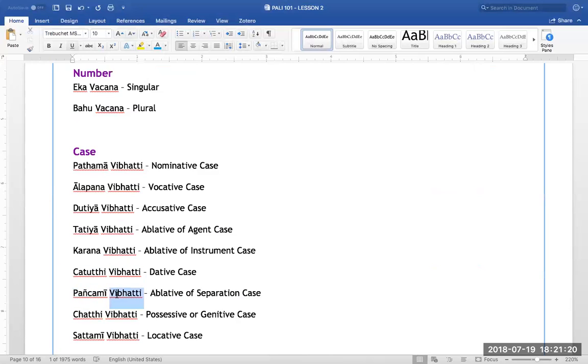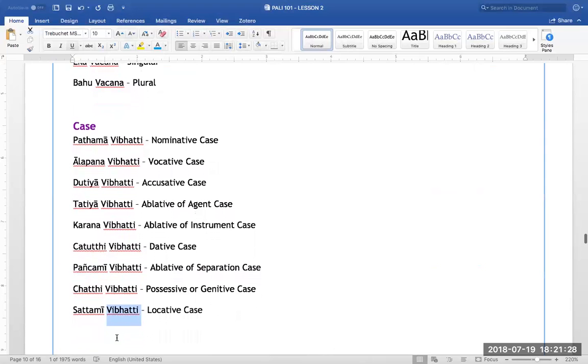Panchami Vibhati. Chatti Vibhati. Saptami Vibhati. Okay, these are the Pali Vibhatis. How many words? One, one, two, three, 4, 5, 6, 7, 8, 9.